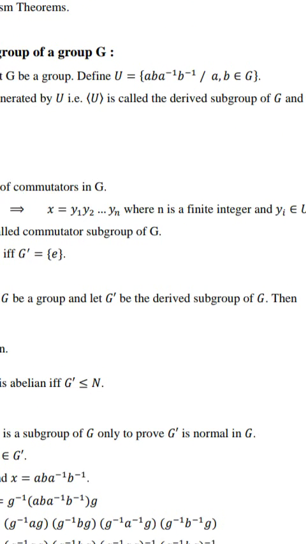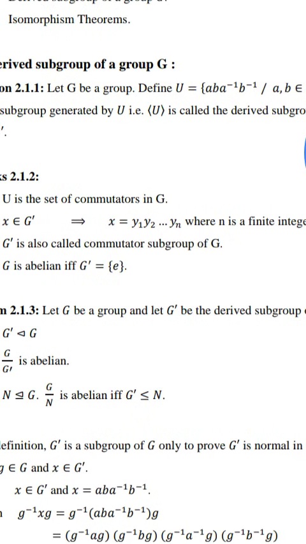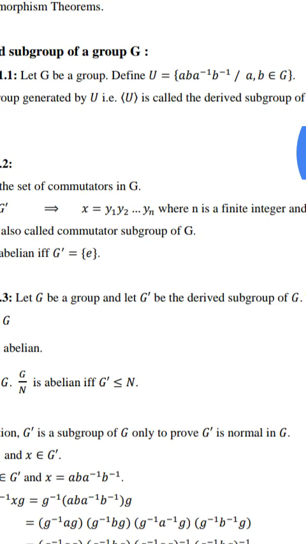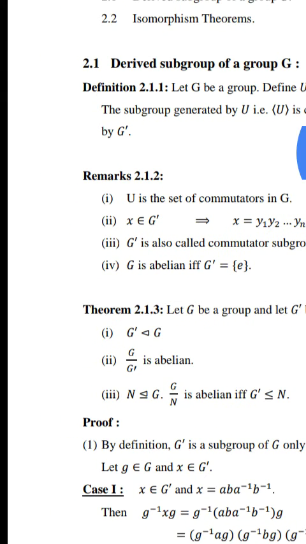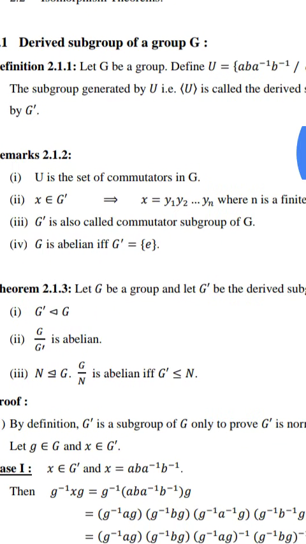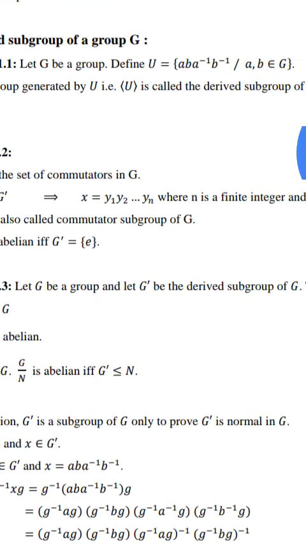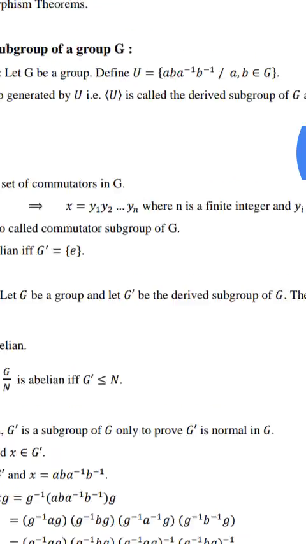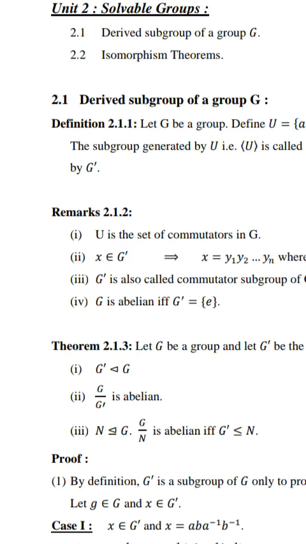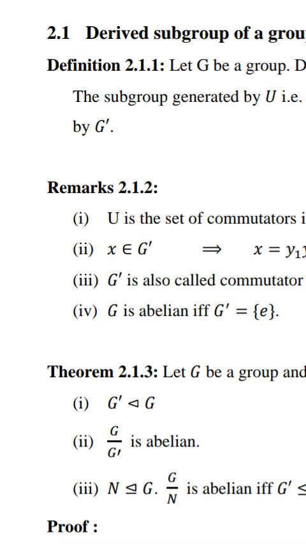Let me repeat the definition. Let G be a group. Define U, the set of aba inverse b inverse such that a, b belong to G. The subgroup generated by U is called the derived subgroup of G, denoted by G dash.